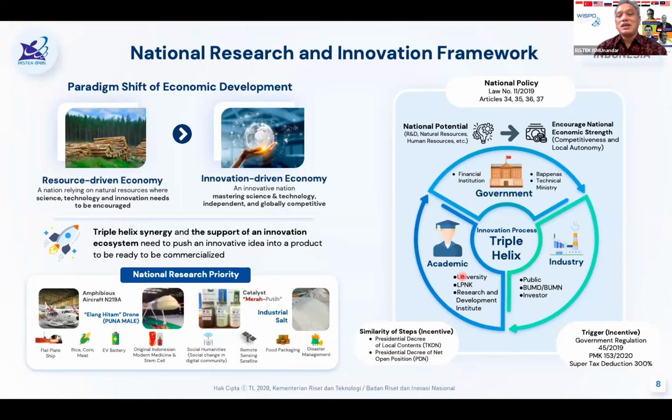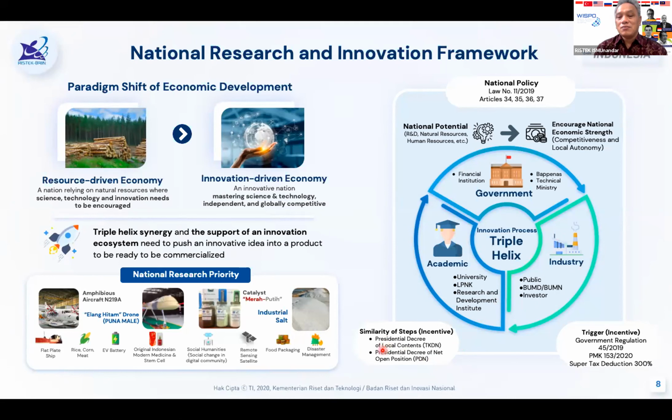The academics are researchers at universities and at our public research institutions in Indonesia, which we call LPNK, and also research and development institutes. So hopefully all this close collaboration can make innovation in Indonesia flourish.